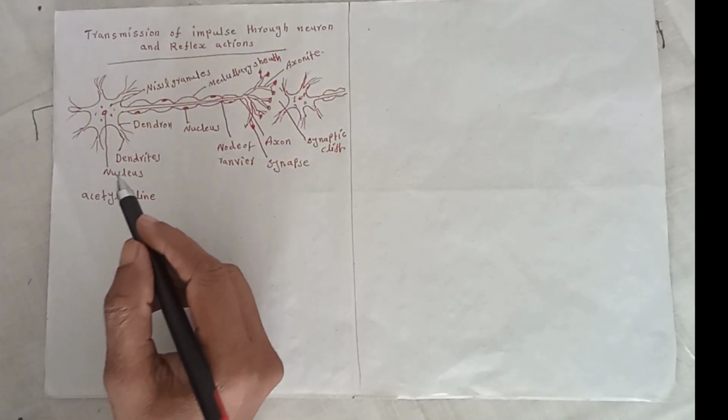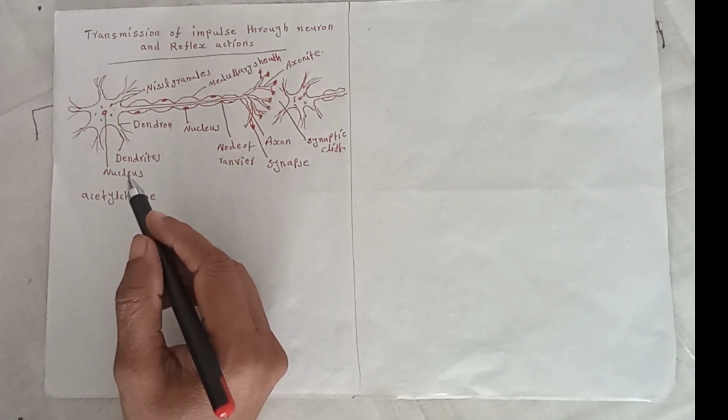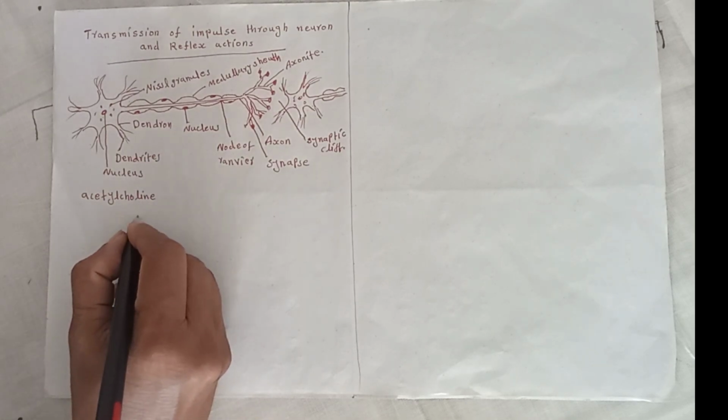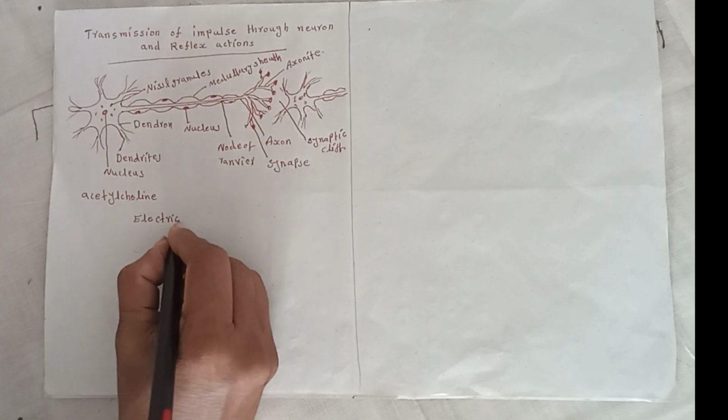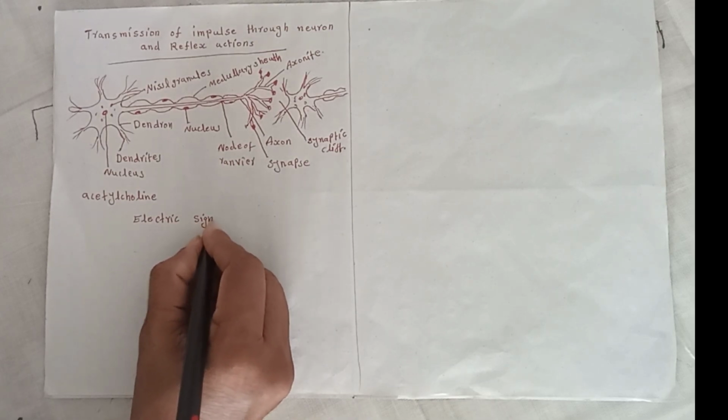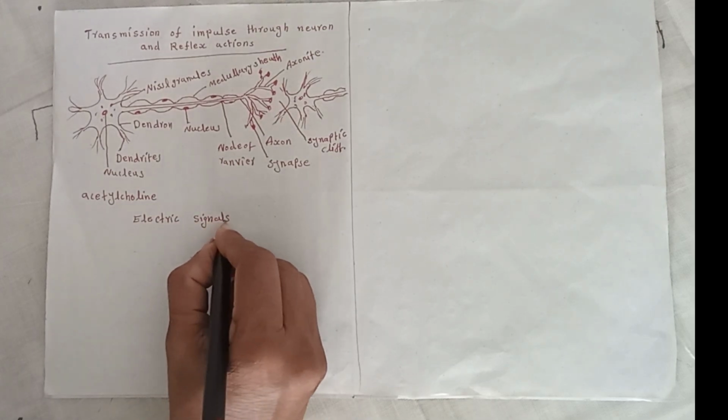Then how are electric signals passing through the neuron?